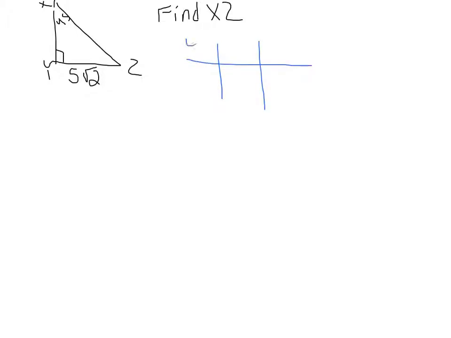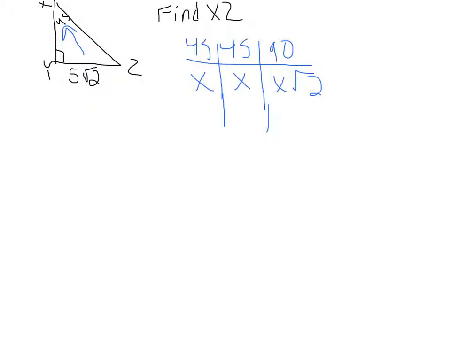I'm still going to fill in my chart with 45, 45, 90, and I've got x, x, x square root of 2. So what I need to look at, if you guys remember, is where that side falls. Is it across from a 45 degree angle or across from a 90 degree angle? And if I look, 5 square root of 2 is across and not touching that 45 degree angle.